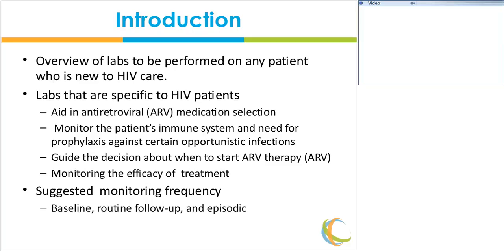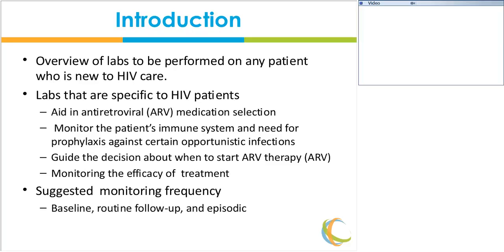I'll also discuss those labs that are specific to HIV patients. I'll spend more time on these HIV-specific labs since they may be somewhat new for you. Certain lab values can be helpful in the selection of a specific antiretroviral medication and also helpful to identify those that you should avoid.